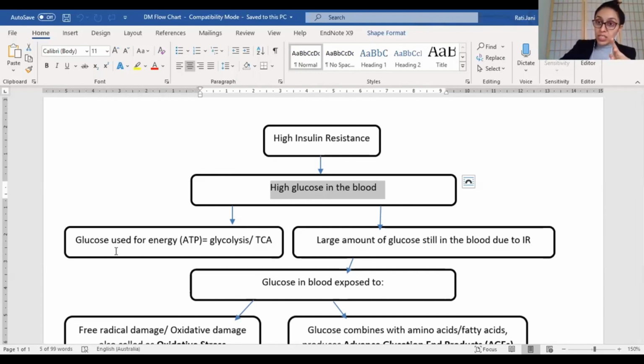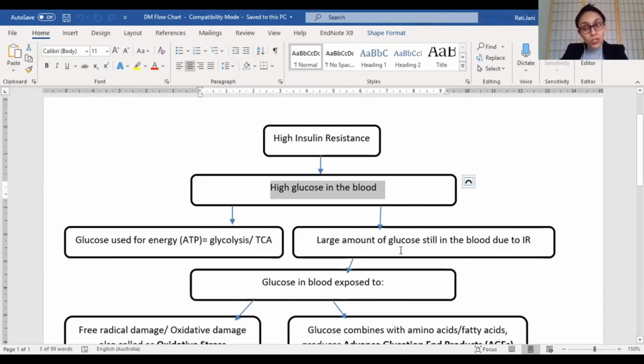This will help the diabetic individual take some glucose from the blood into the cell. When the glucose is in the cell, that is when you have energy production, which is your glycolysis first, and then your TCA cycle. This is your normal glucose being taken up for energy.